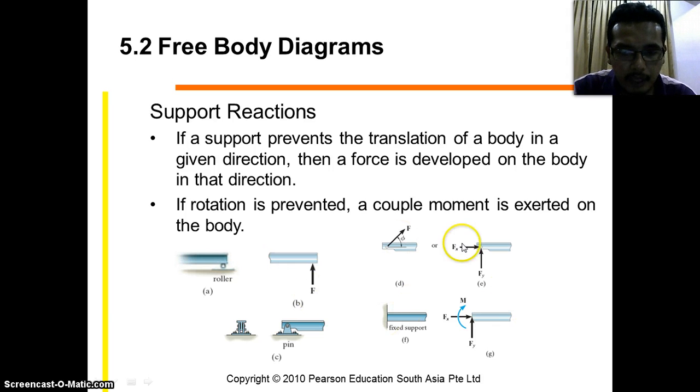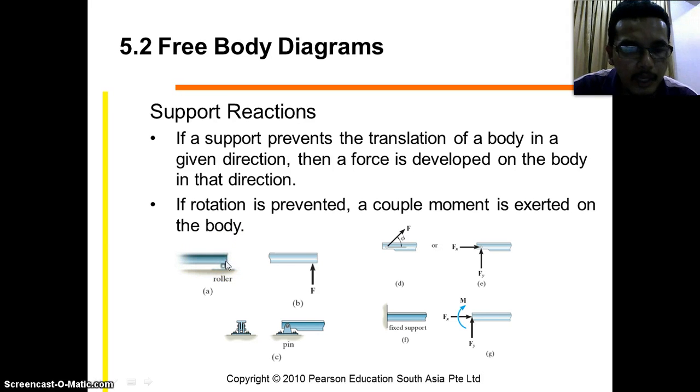Here we have several pictures. For A, we have a roller. The roller support allows this beam to roll in this position, meaning only in the horizontal, not in the vertical.